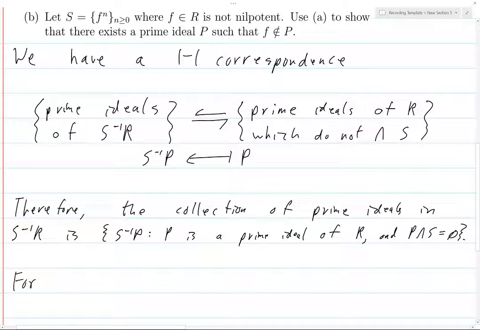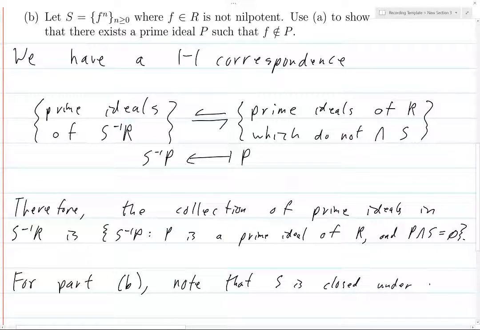Okay. So for part B, note that S is closed under multiplication and contains 1, because 1 is just f to the 0.